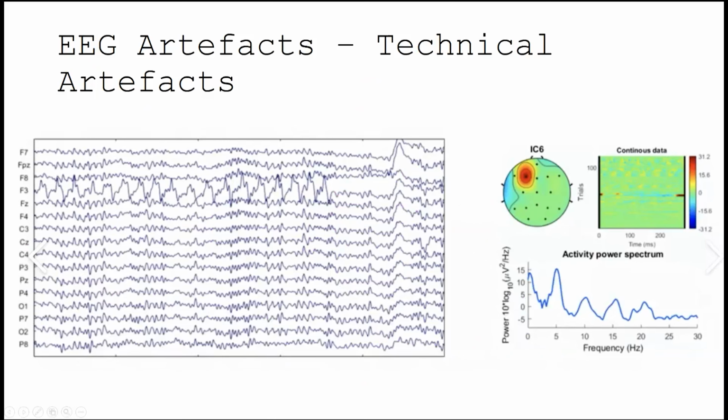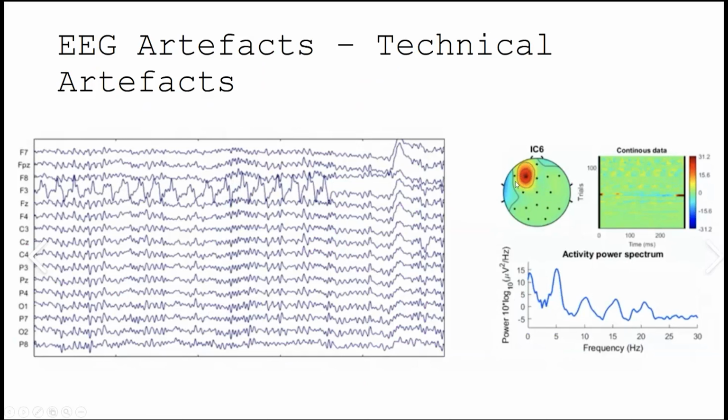And last but not least, this is something we did not record. I took it from the internet. I'm sorry, there's no source there, but it's a technical artifact. And you can see over here, again, the electrodes, and you see the F3 electrode, which is doing some funny thing, a repeated pattern that doesn't look like real physiological activity. And if you localize it with the so-called independent component analysis, which most programs and software nowadays provide, you see that this signal, this independent component, is located only at one electrode.